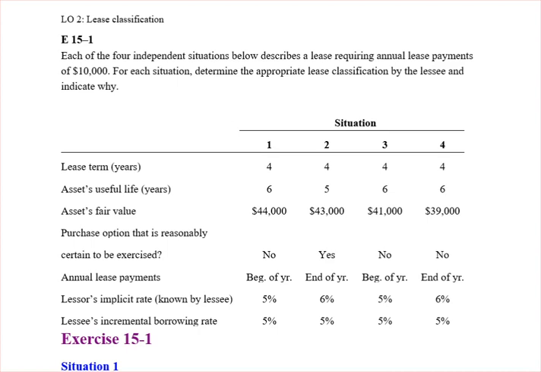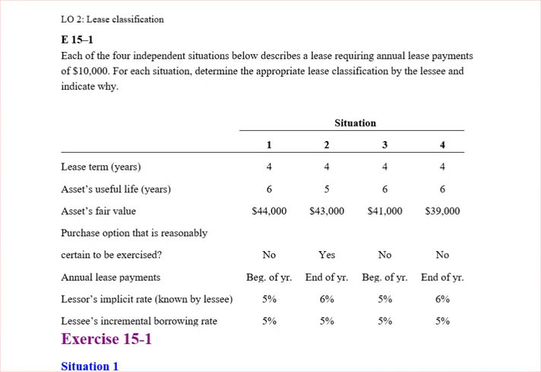The other thing here that's rather important is the annual lease payments, either coming at the beginning or end. Remember, at the beginning it's called due, and at the end it's called ordinary. That really does affect what you use to come up with the calculation, because you're going to take a present value calculation on 10,000.